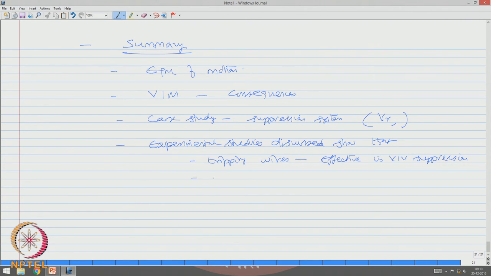Vertical wires placed at 0.55 D apart and 0.67 D apart were found to be effective.